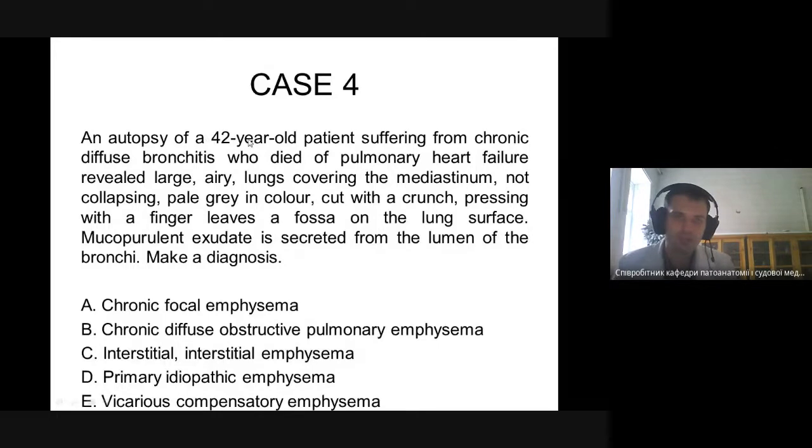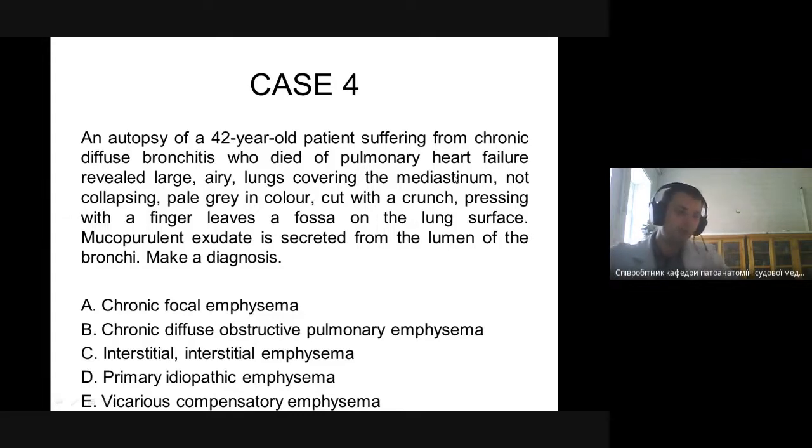An autopsy of a 42-year-old patient suffering from chronic diffuse bronchitis who died of pulmonary and heart failure revealed large lungs covering the mediastinum. That's uncommon in normal conditions.